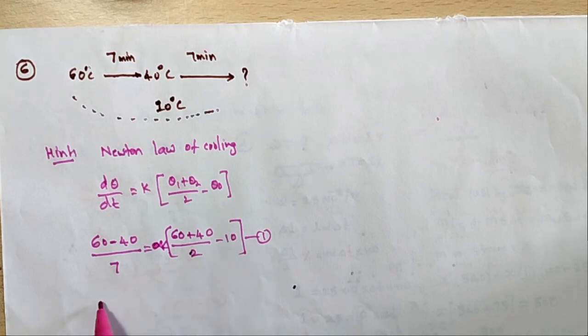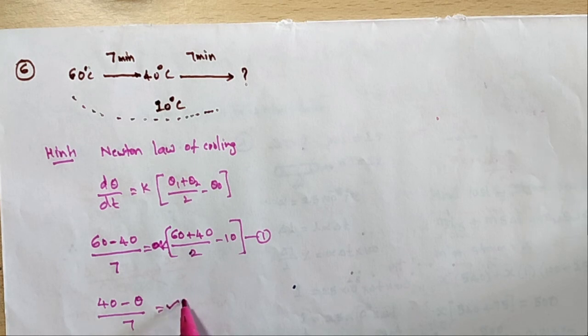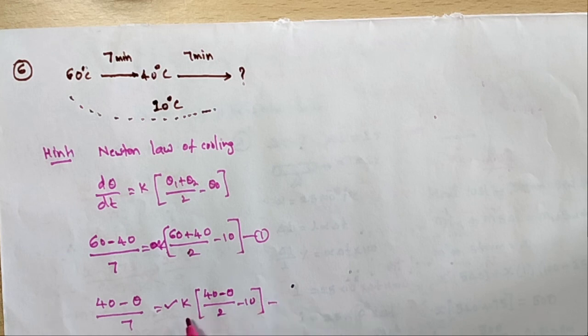Next, the second case: 40 minus theta by 7 is equal to k. We know the k value from equation 1, so substitute it: 40 minus theta by 2 minus 10. Substituting the k value, you finally get theta is equal to 28 degrees.